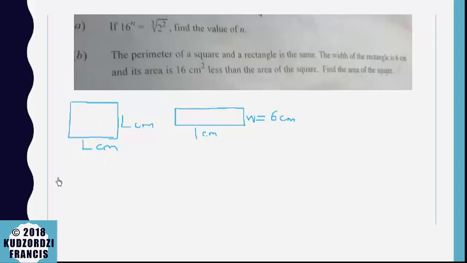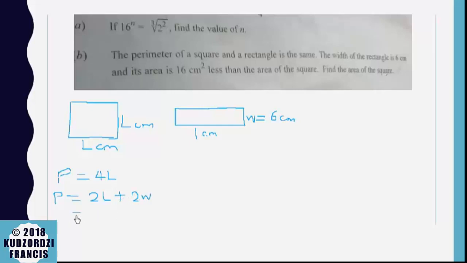So we know the perimeter of the square is equal to 4 times the capital L. And the perimeter of the rectangle is 2 times small l plus 2 times the width, which is w.